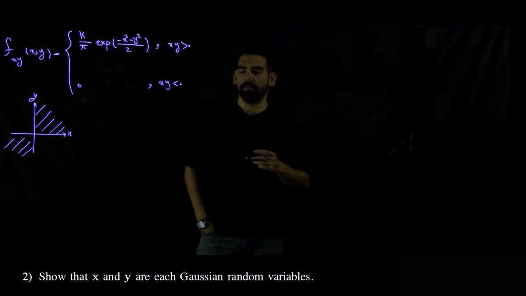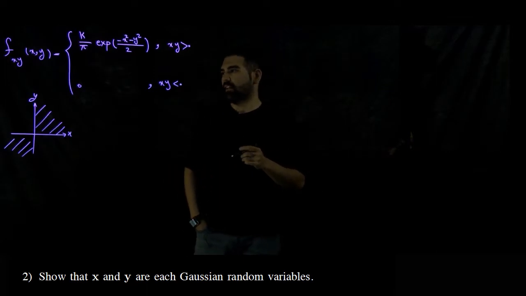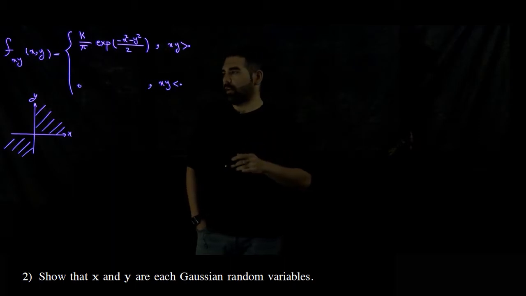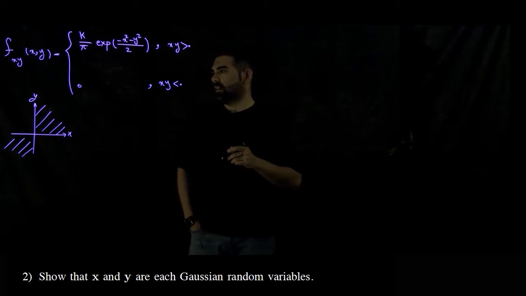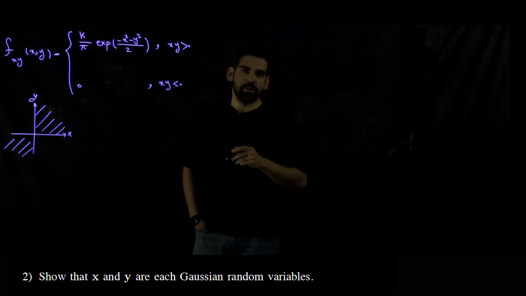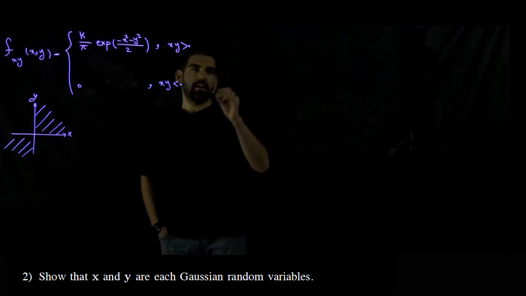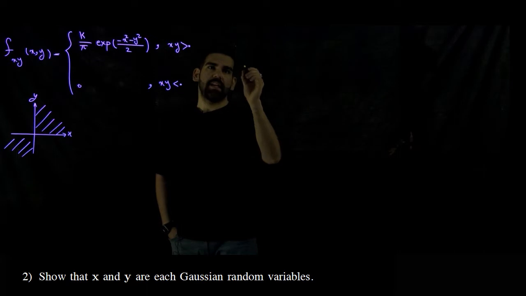In the second part of the problem, we are asked to show that x and y are Gaussian random variables. To show this, we derive the marginal PDFs for x and y and show that they are compatible with the general Gaussian formula. So, for example, let's start with x.